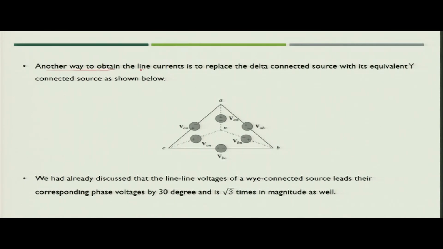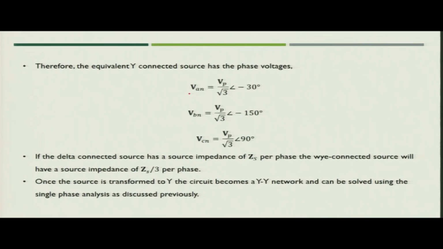Another way to obtain the line current is to replace the delta connected source with its equivalent star or Y connected source. When you convert, let us say the phase voltages are VAN, VBN and VCN. We have already discussed that the line voltage of a Y connected source leads the corresponding phase voltage by 30 degree and is root 3 times the magnitude. So VAN is VP by root 3 angle minus 30 degree, because you have now converted into an equivalent star connected source.